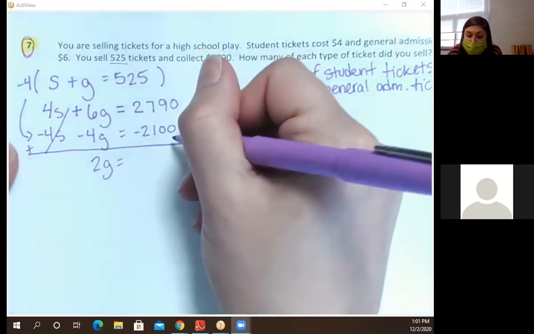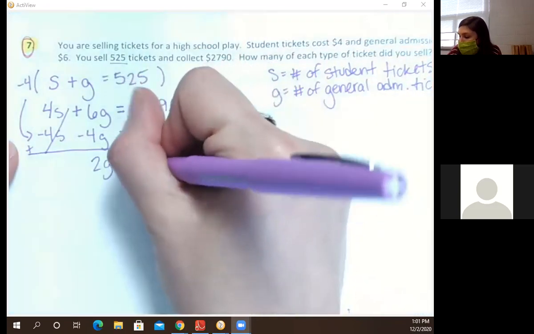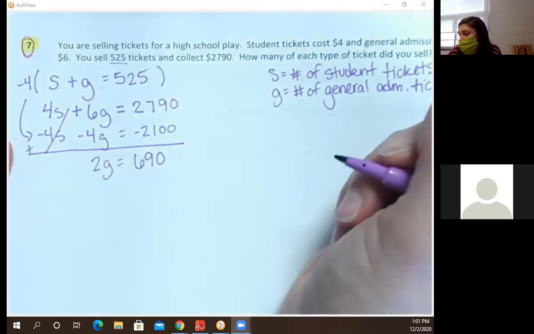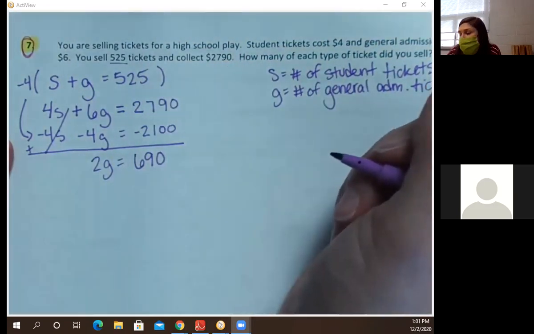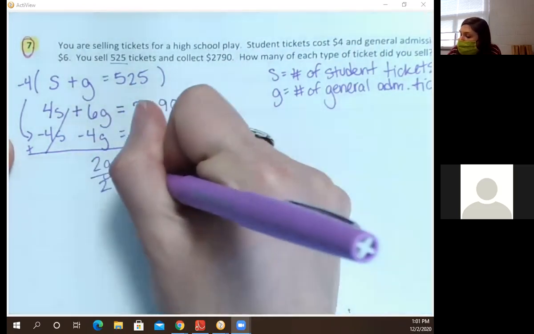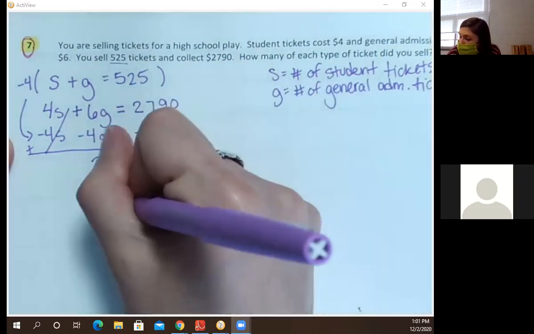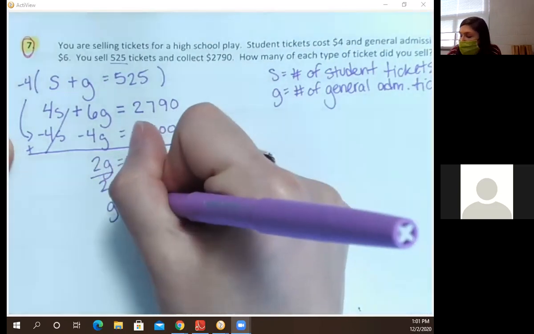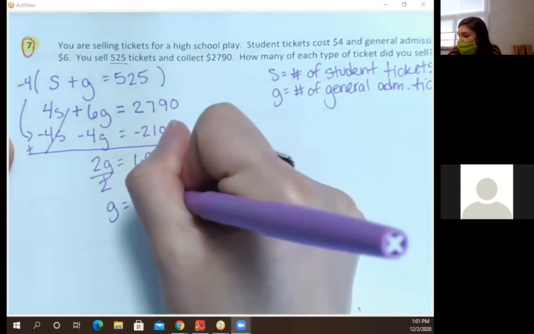And 2790 minus 2100 is 690. Now to get my G by itself, I'm going to divide both sides by 2. And I get G to be 345.